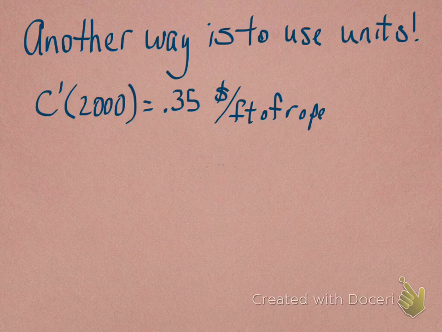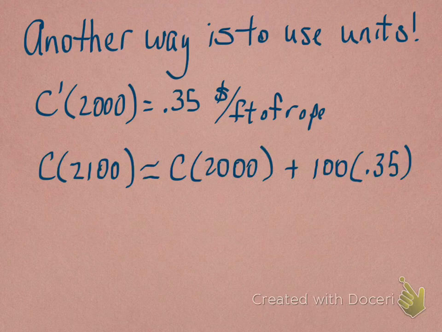So what this is saying is when I'm at the production level of 2,000 feet of rope, it costs 35 cents, or $0.35, to make the next foot of rope. So C of 2,100 is approximately equal to the cost that it took to make 2,000 feet of rope plus the cost to make another 100 feet of rope.